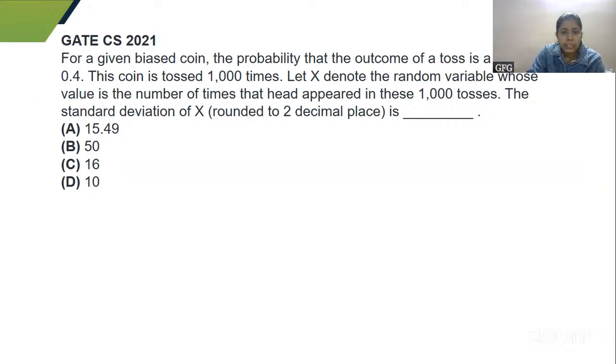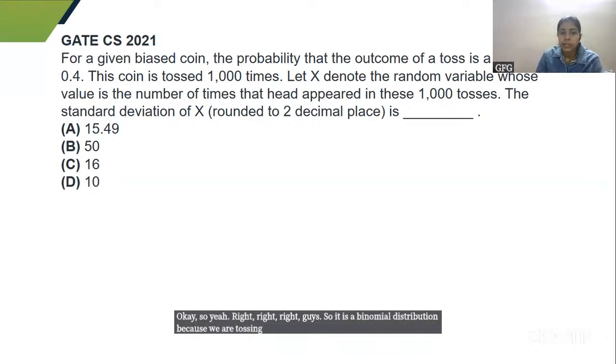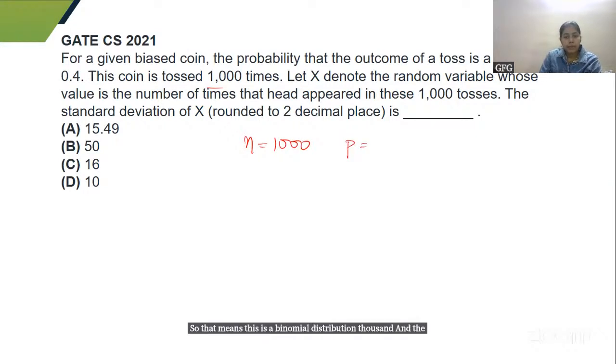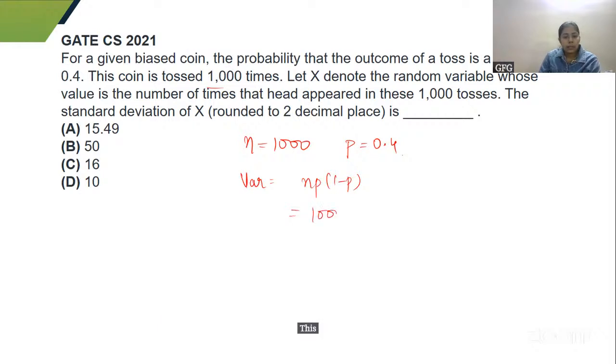Right, guys. So it is a binomial distribution because we are tossing a coin 1,000 times, right? So this is a binomial distribution with n = 1,000, and the probability of success we have been given is 0.4. Now they're asking the standard deviation. The variance formula we have is np(1 minus p). So first I'll find this variance: 1,000 into 0.4 into 1 minus 0.6.